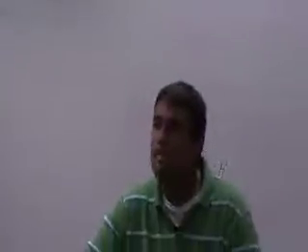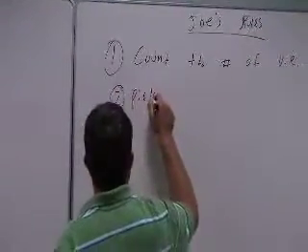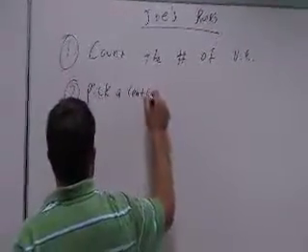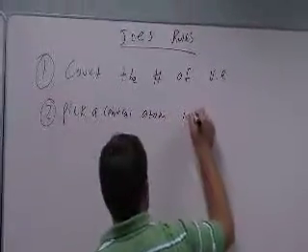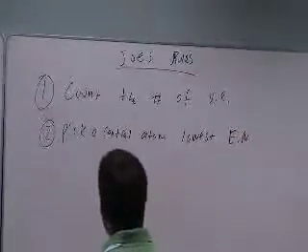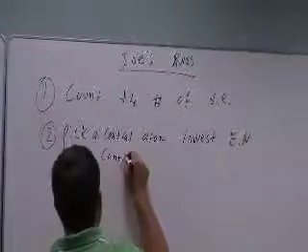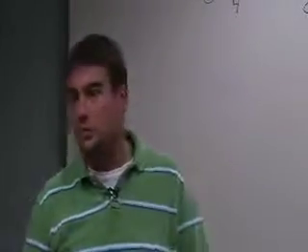All right. Step 2 is you're going to pick a central atom. And that is always the lowest electronegative atom, and it cannot be hydrogen. All right. Hydrogen cannot go in the middle of a compound. Now I have seen it.